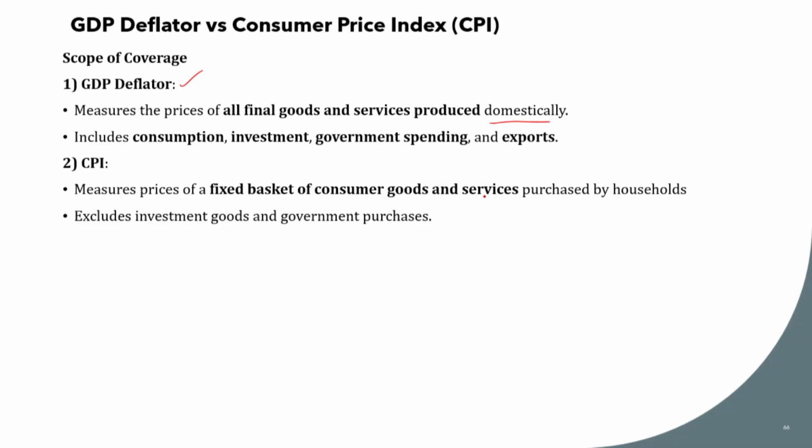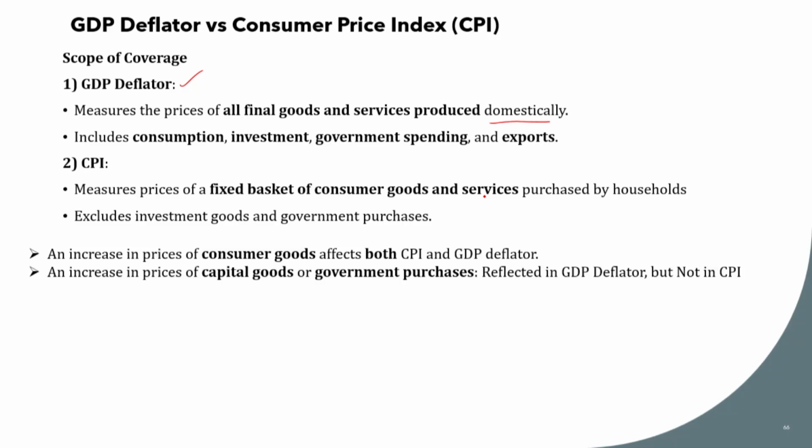So an increase in prices of consumer goods affects both CPI and GDP deflator. However, an increase in prices of capital goods or government purchases is reflected only in GDP deflator, not in CPI. It's one of the key distinctions here.